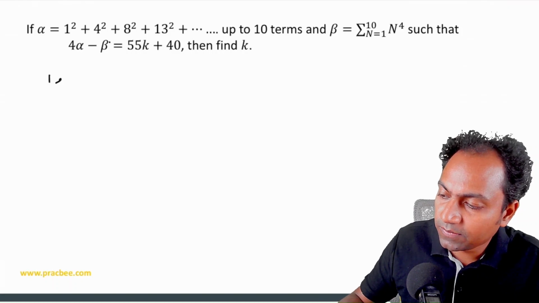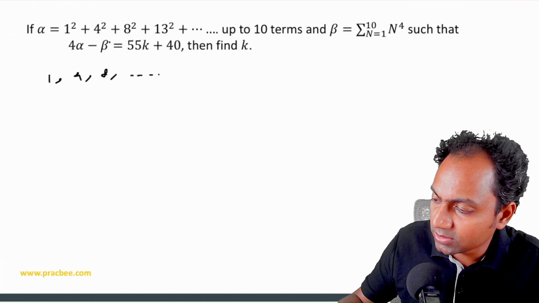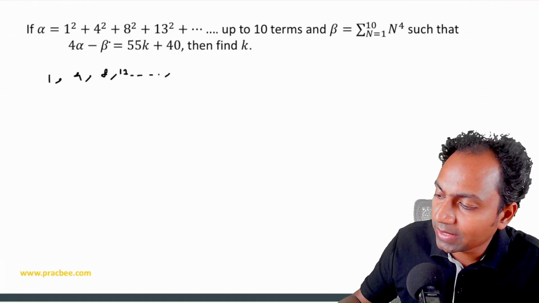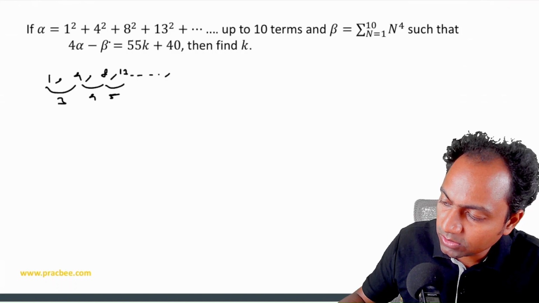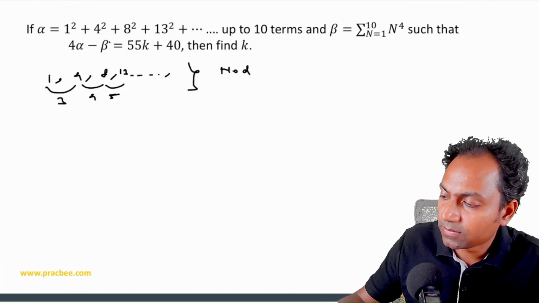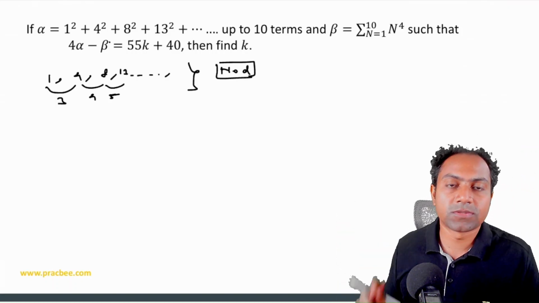So if I write the first is 1 square, then 4 square. So I'm understanding what is going inside whose square is written. If I write this down, what you will observe is their difference is nothing but 3, 4, in arithmetic progression. So from here you should get an idea that if I want to write the general term, the term without the square can be obtained by method of difference.